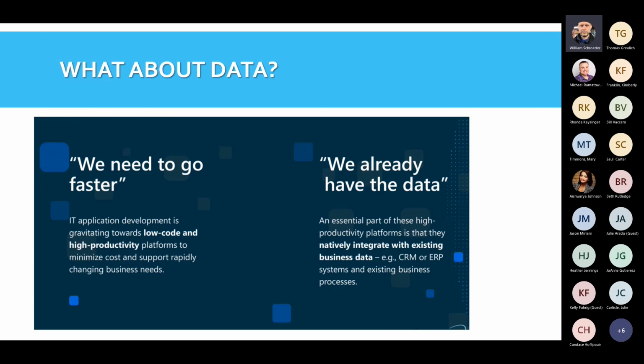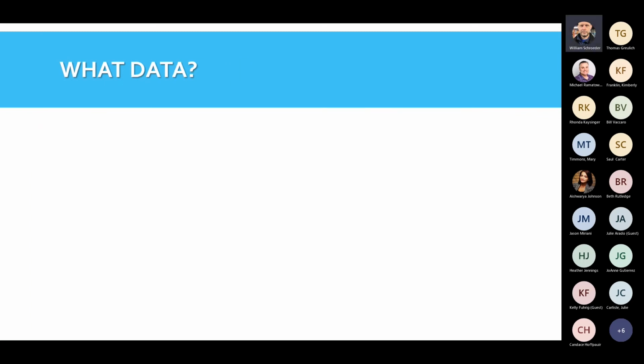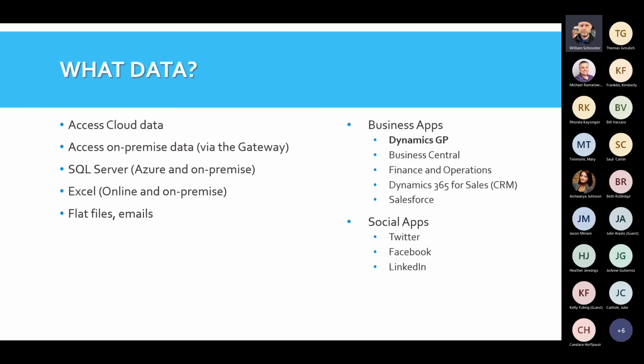Well, wait, what data are you talking about? Well, it doesn't matter really, right? But Dynamics GP user group sessions. So GP data, right? Let's focus there. But it's not just GP. It's any cloud-based data. It could be Twitter, Facebook, LinkedIn. I don't know how you integrate that into GP.